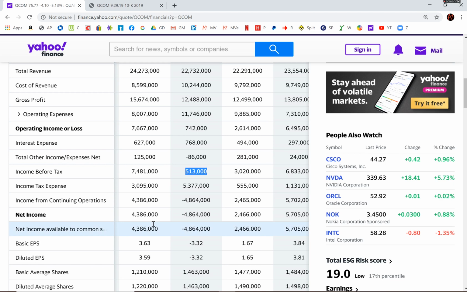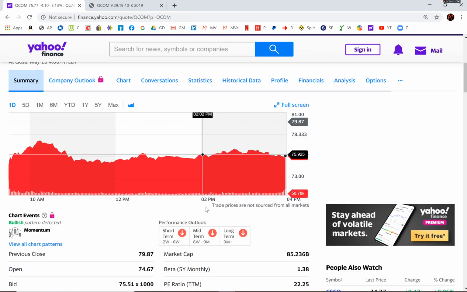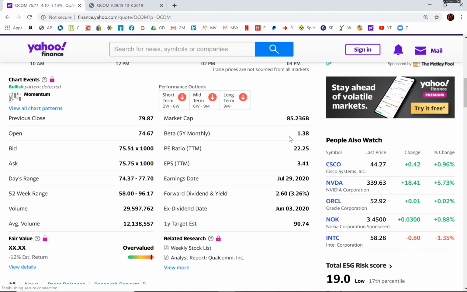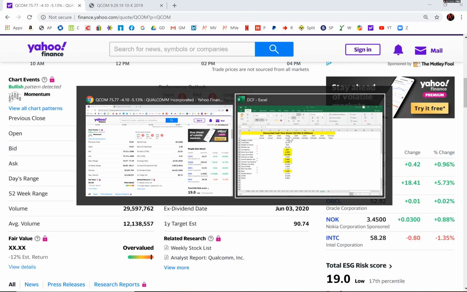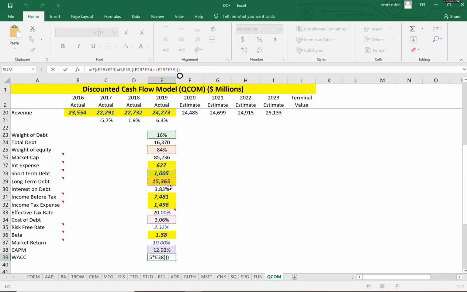Now the beta, which is the volatility of the stock, 1.38. I would expect to have a fairly low beta. So the WACC comes out to 11.33%, and that's a blend of your debt, the interest paid on the debt, which is 3.83%, and also the cost of your equity.